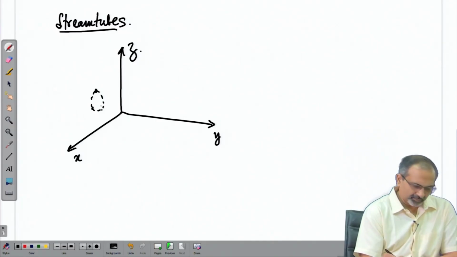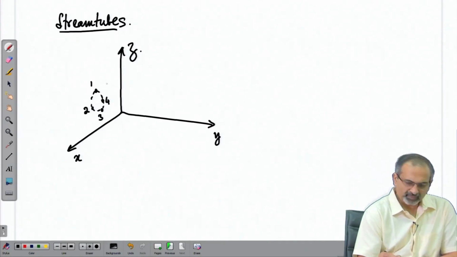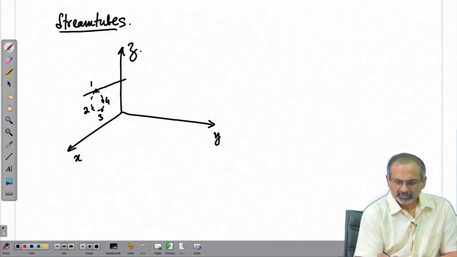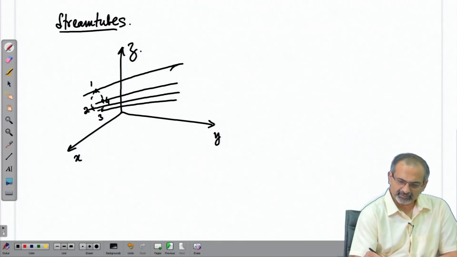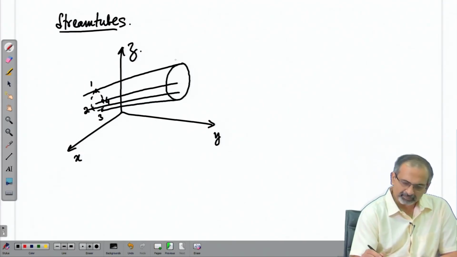You look at a couple of points, let us say 4 points at some time t equal to 0, and you follow the streamlines which move through those points and you track them over time, and at a later time you will find that you can map the points along the respective streamlines.